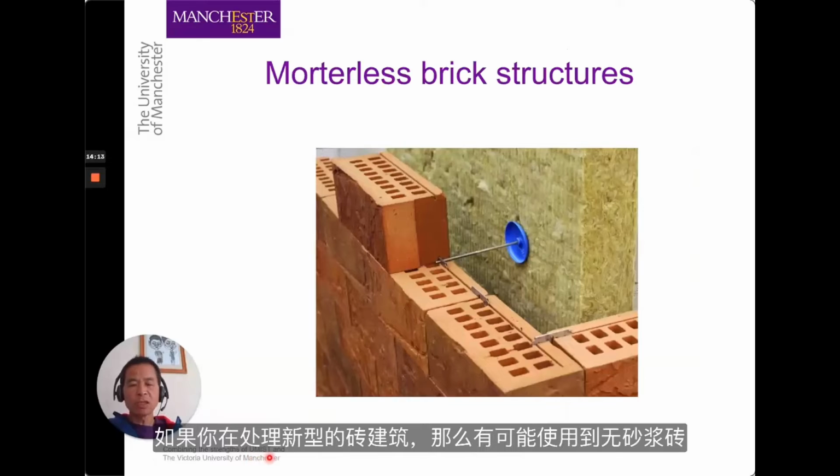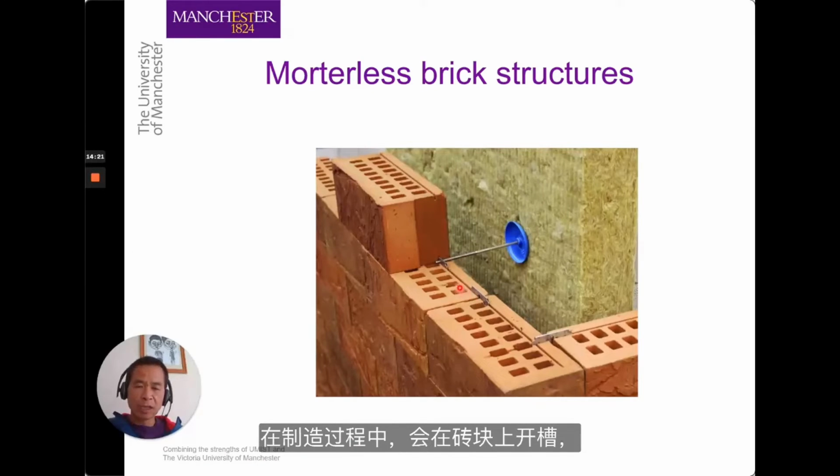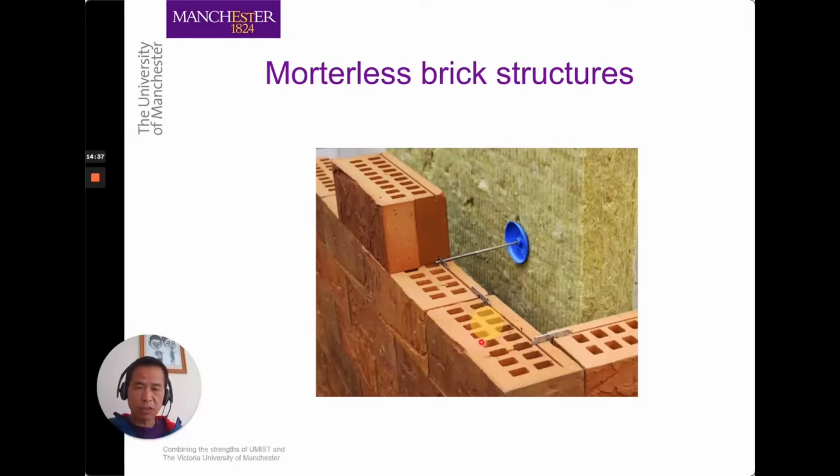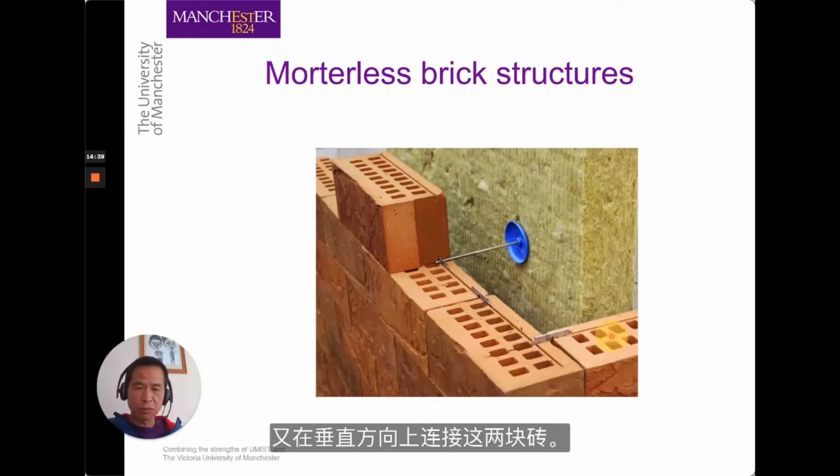If you're dealing with new brick construction, it might be possible to use so-called mortarless bricks. Here you make slots in the bricks during the manufacturing process, and then you install these metal connectors in the slots to link this brick to this brick in this direction, and to link this brick and that brick in the perpendicular direction.